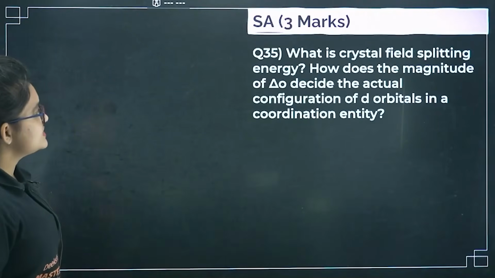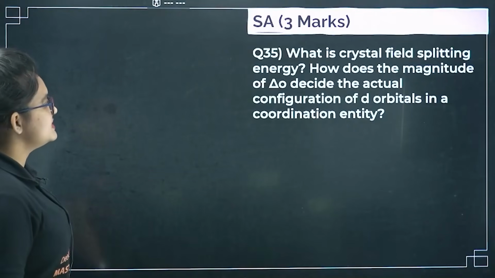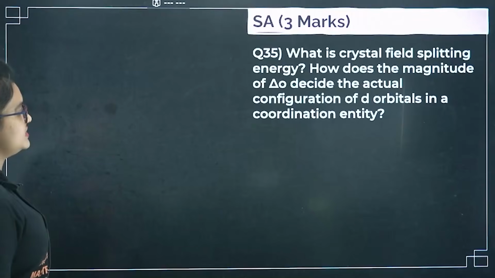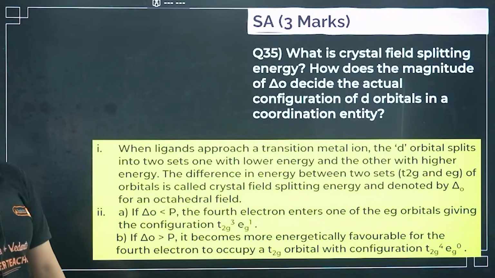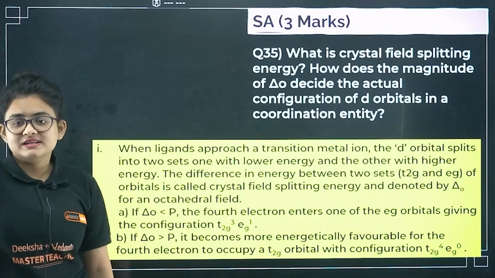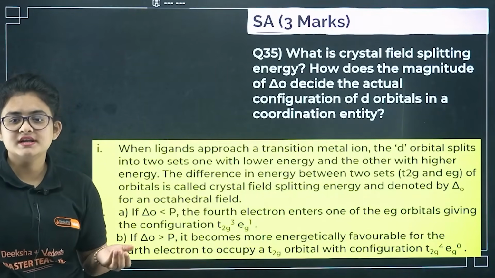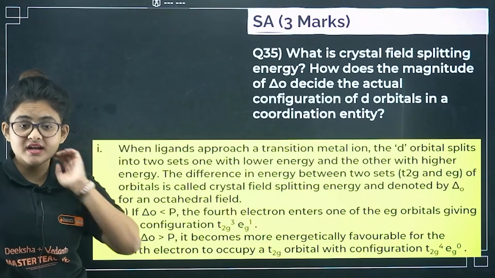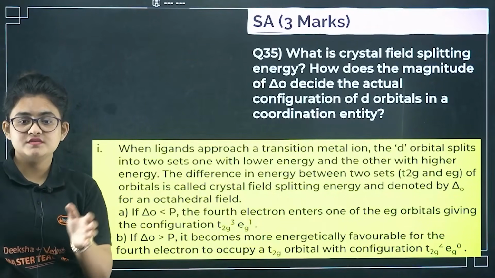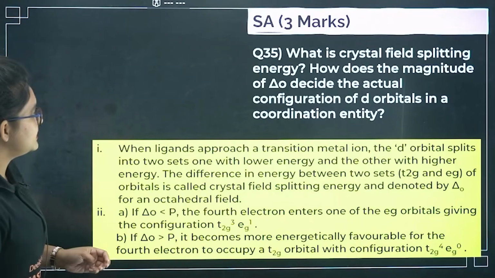Let's proceed. What is crystal field splitting energy? How does the magnitude of delta O decide the actual configuration of d orbitals in a coordination entity? So basically, when the ligand approaches the metal center, the d orbital splits into two different sets. One is T2g, another one is Eg. The energy gap between these two orbitals is called crystal field splitting energy. Next, how does delta O decide?